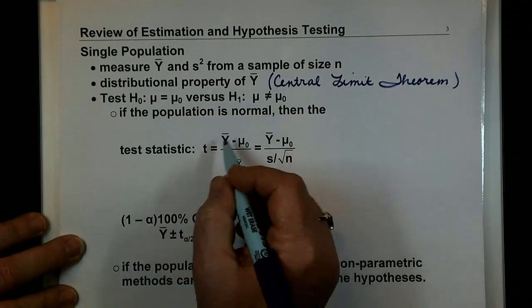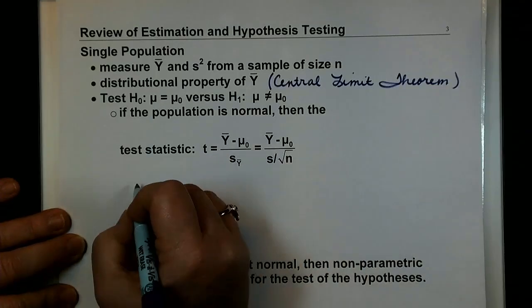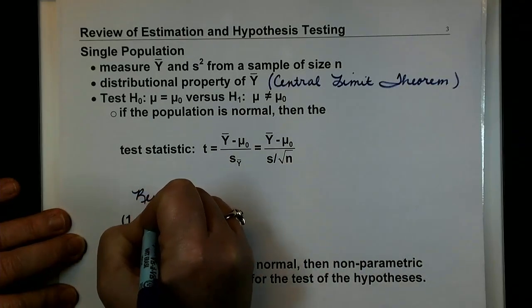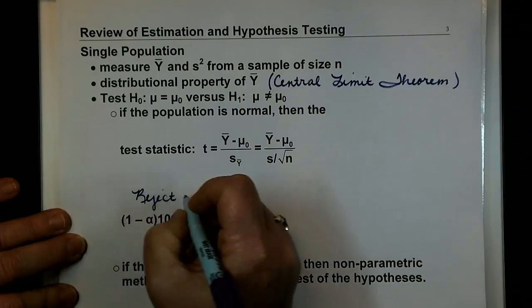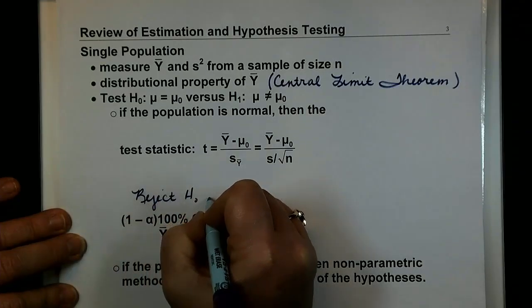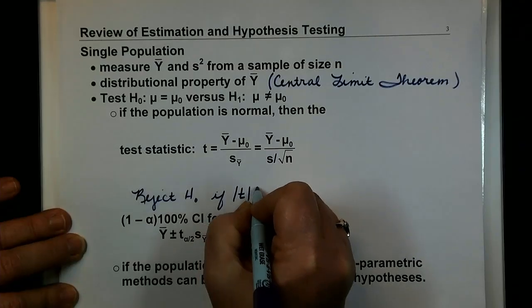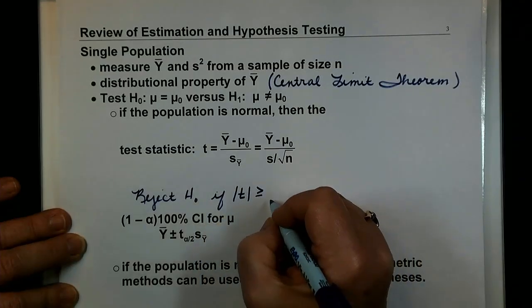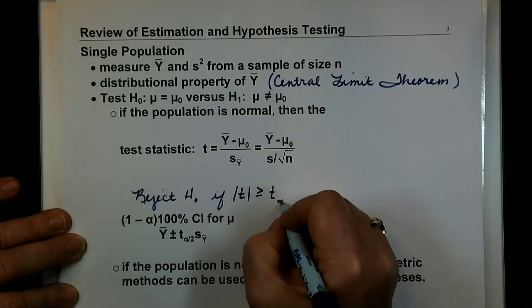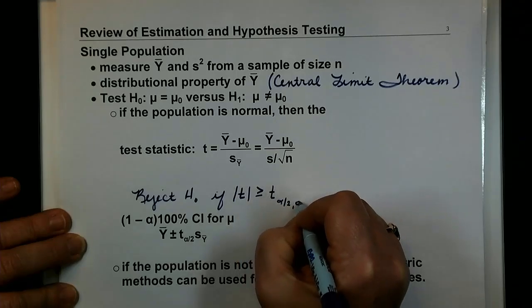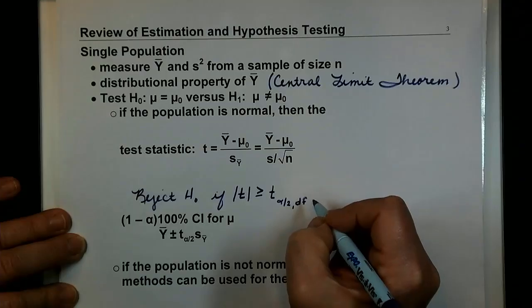And if that t had an absolute value that was large, we had a decision rule that we would reject the null hypothesis if our computed t had an absolute value larger than the critical t determined by right-hand area alpha over 2, and the degrees of freedom for the application.